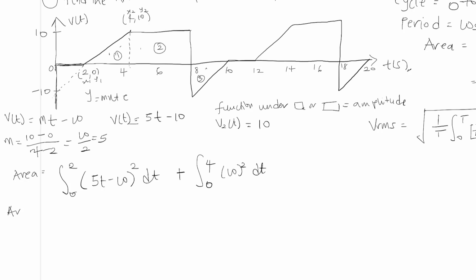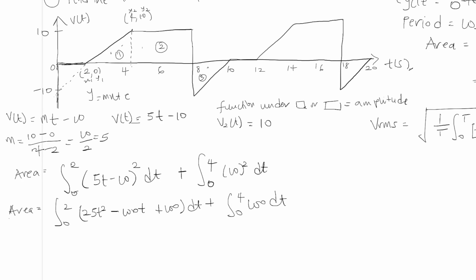So the area, expanding this from 0 to 2, you have 25t squared minus 100t plus 100, all times dt, plus, integrating from 0 to 4, here will be 100 dt.